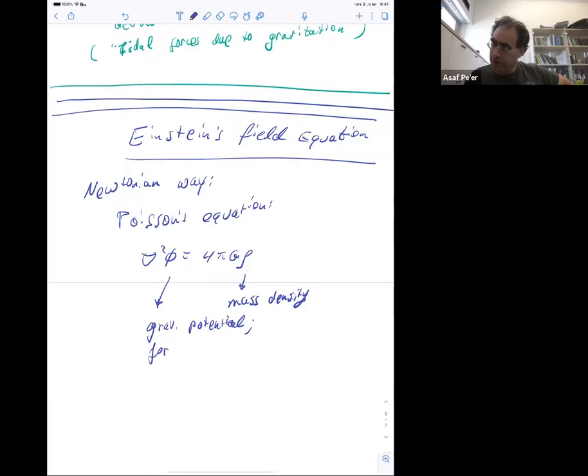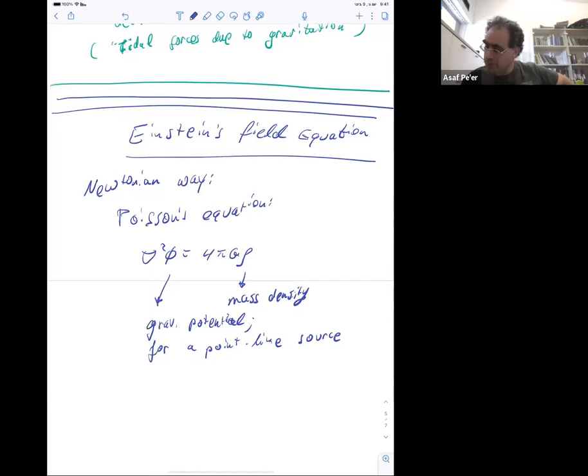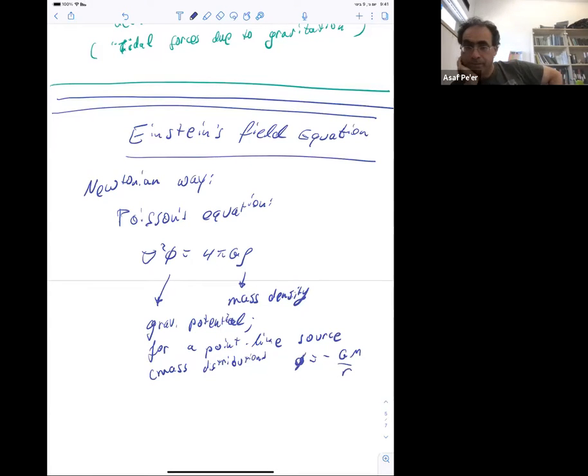Right. For a point-like distribution, for a point-like source, then you know the solution. Really, it's a distribution. Then phi is minus GM over r.